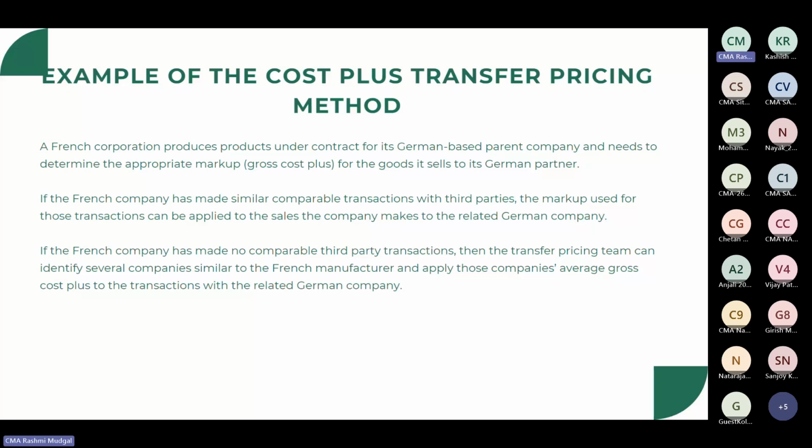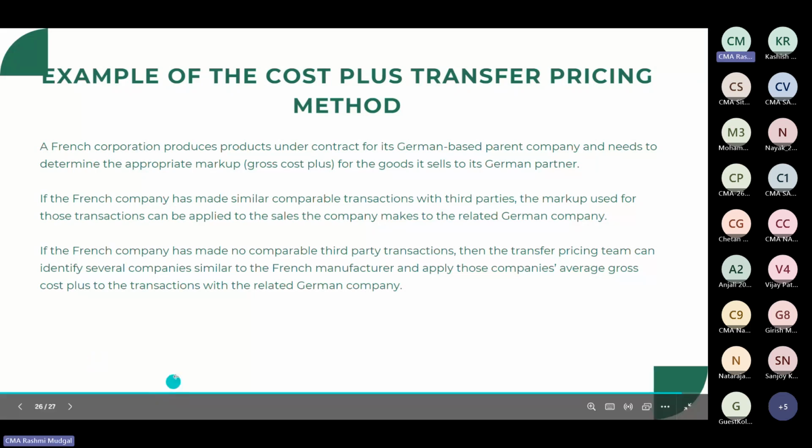If the French company has made no comparable third party transactions, then the transfer pricing team can identify several companies similar to the French manufacturer and apply those companies' average gross cost plus to the transaction with the related German company. So here again, every method can be questioned at every stage.